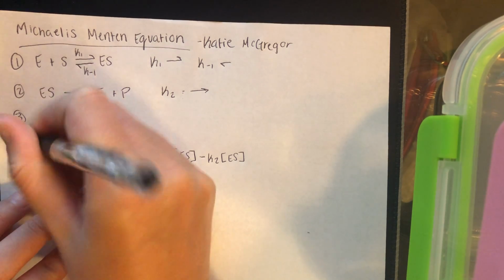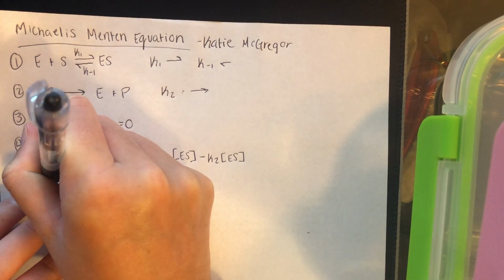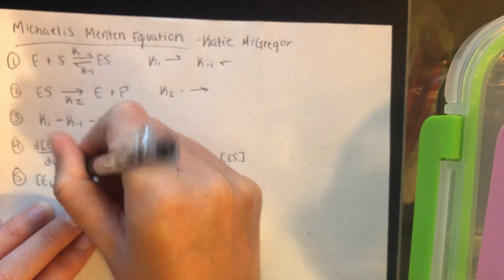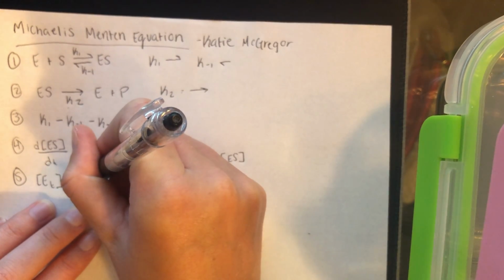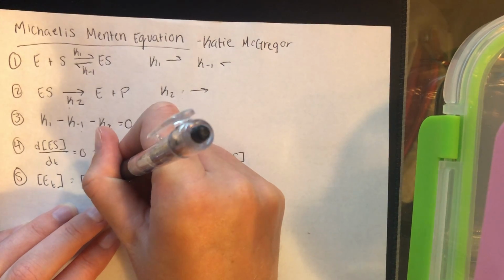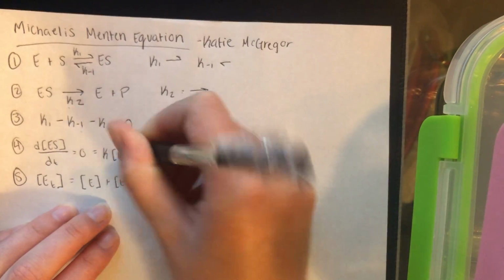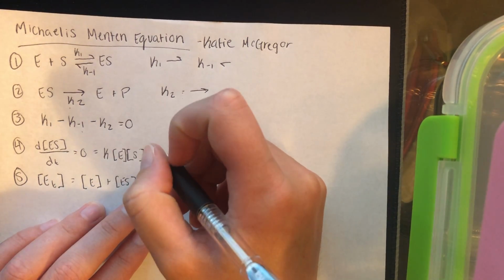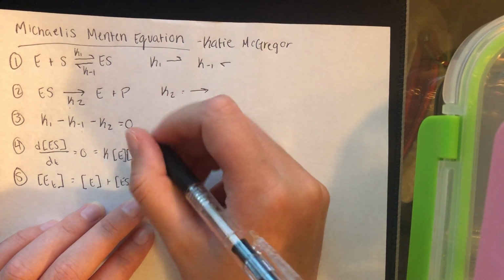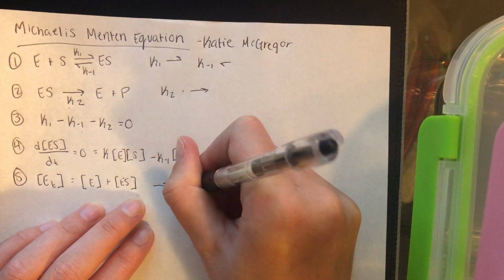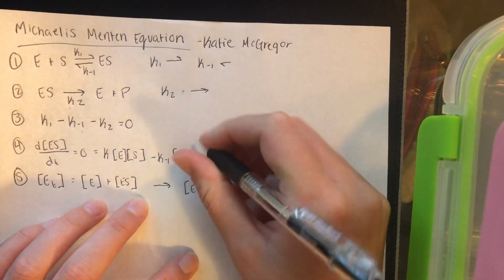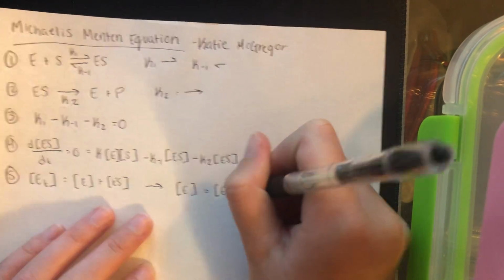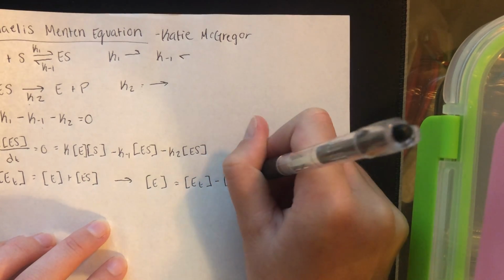So we have the concentration of total enzymes equals the concentration of E plus ES, and we want to solve for E, so then we can write this as concentration of E, putting it on the other side, equals concentration of enzyme total minus the enzyme substrate complex.